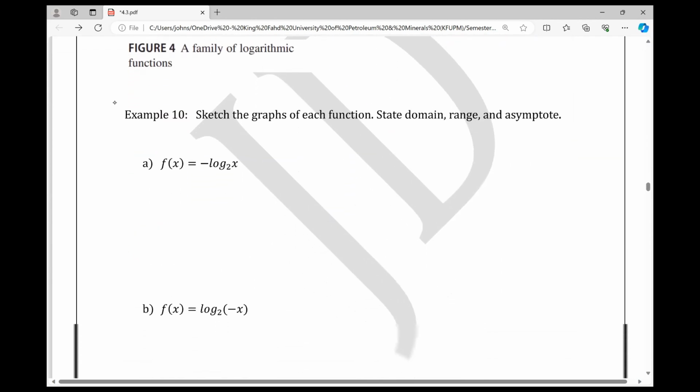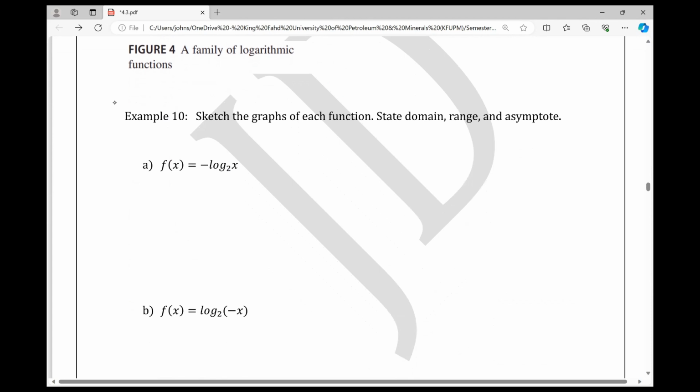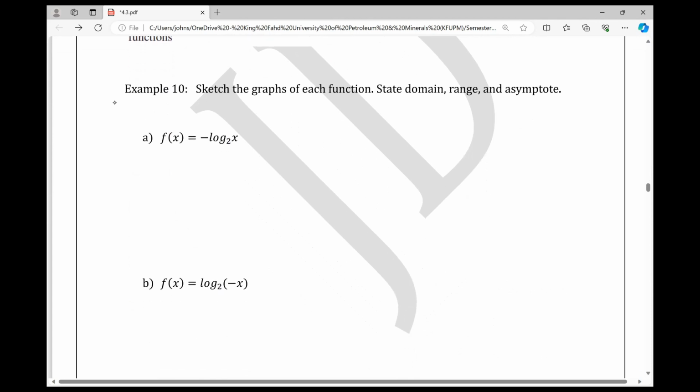So let's quickly start sketching. To sketch this, we have minus logarithm. What is this? This is actually a reflection. So you have the original logarithm, which is log to base 2. Since the base is greater than 1, you have this.